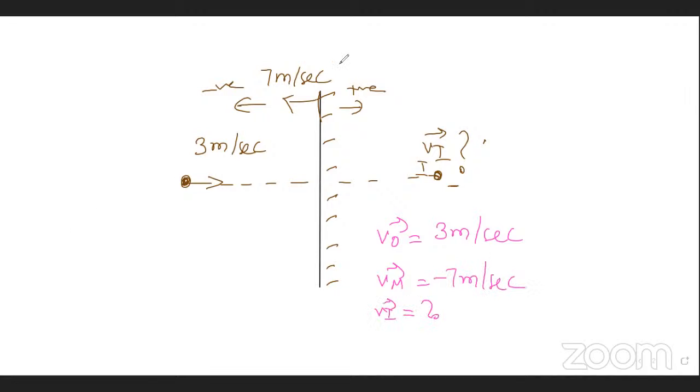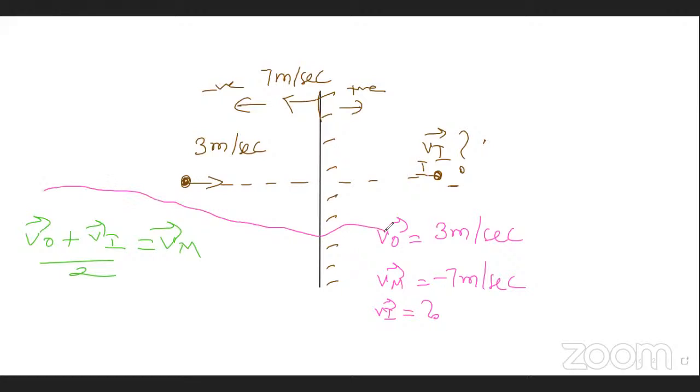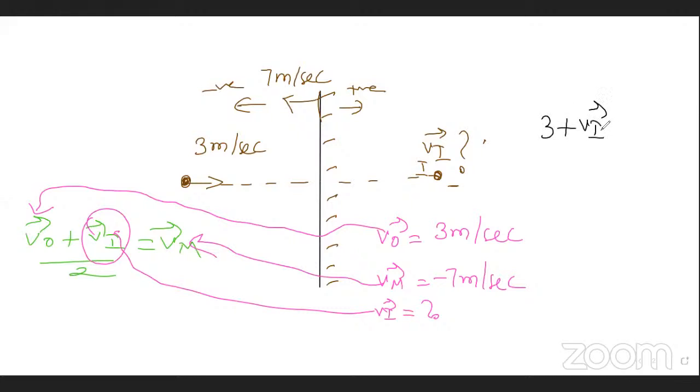If I apply the formula, velocity of object plus velocity of image, upon 2, equals velocity of mirror. When you put the values, vi is a variable here. Now solve this. It will be 3 plus vi, where 3 is positive, equals twice the mirror velocity, and the mirror is minus 7, that is 2 times minus 7, minus 14. So vi is minus 14 minus 3.